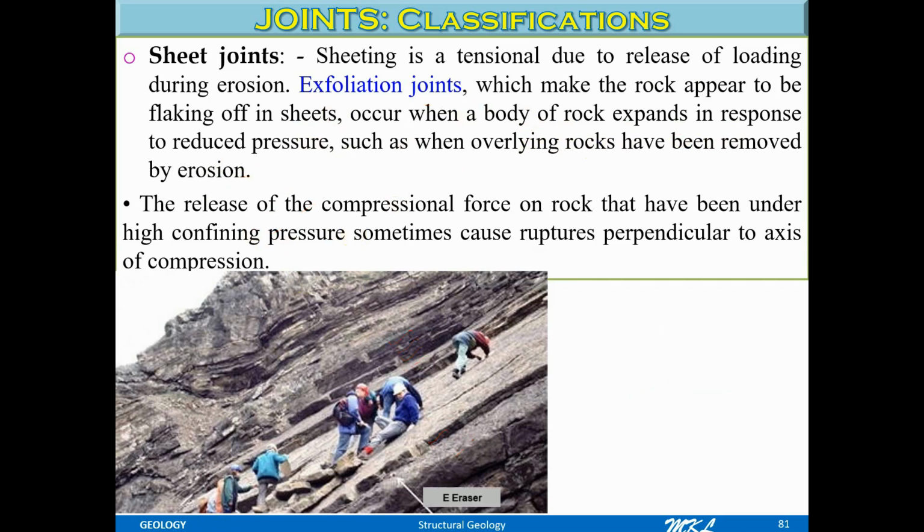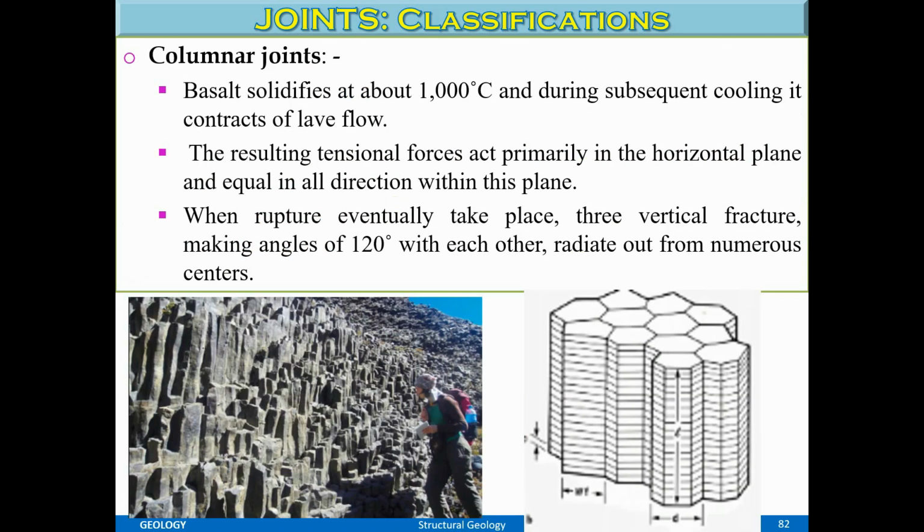Now let's come to the very famous columnar joint. Like mud cracks, columnar joints form from volume contraction. I have shown you the picture of mud cracks, or you might have seen them in your neighborhood. How are mud cracks generally developed? Volume contraction. How?